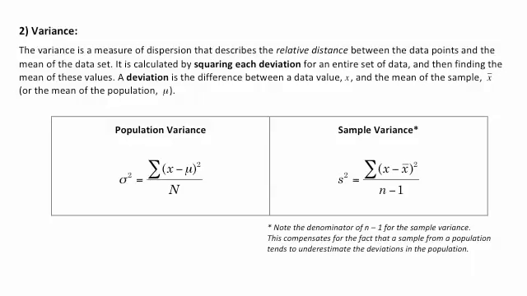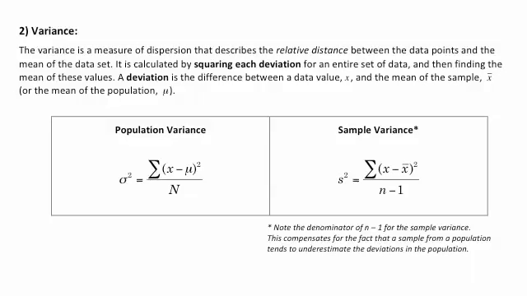So a deviation is the difference between a data value, x, so some piece of data, and the mean, x bar. And if we're talking about a population, that's of course mu. And so really, it gives us a measure of, in general, what's the average spread of the data points.